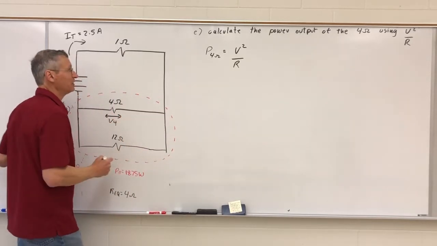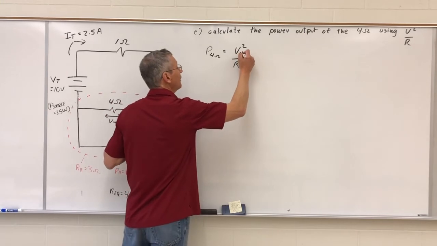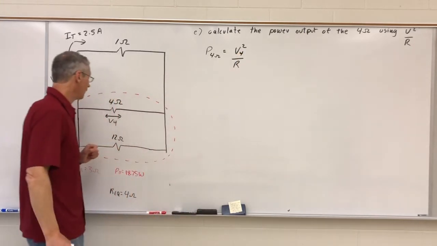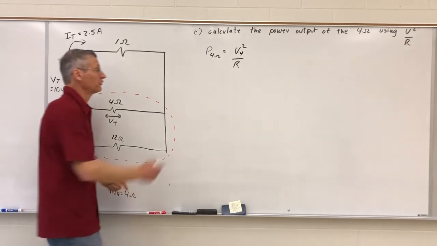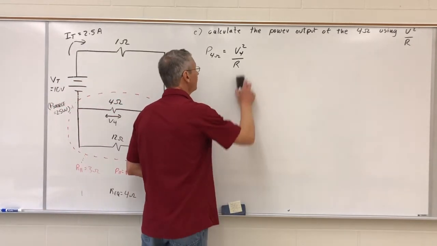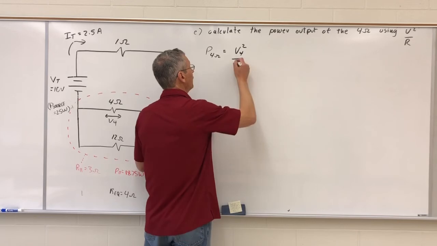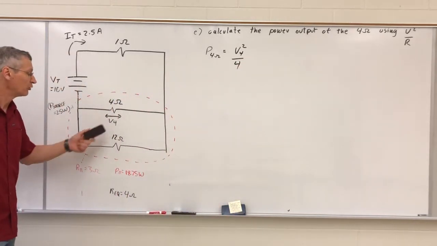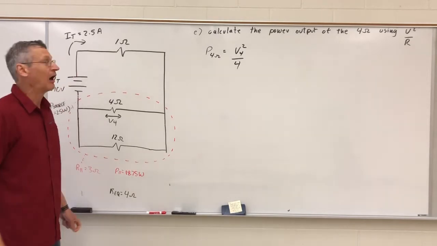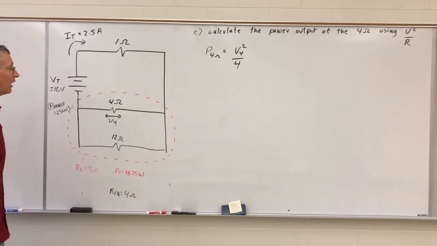We'll call that V4. And of course, we're going to have to use its resistance, so that R is going to be 4 ohms. The question is, what is the voltage across this resistor? How can we do that?